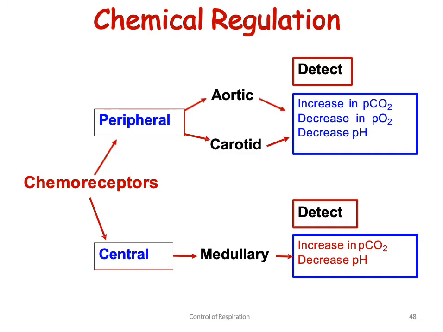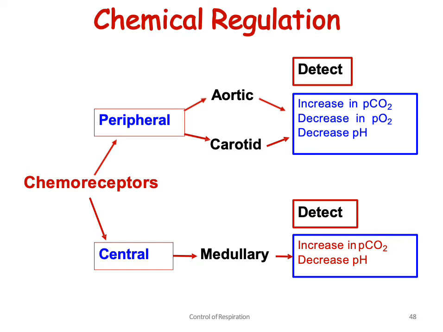Next, I'm going to talk about the second mechanism in reflex modification of breathing, the chemoreceptor reflex. There are two types of chemoreceptors, the peripheral chemoreceptors and central chemoreceptors. Peripheral chemoreceptors are located in the aortic and carotid bodies, and the central chemoreceptors are located in the medulla.